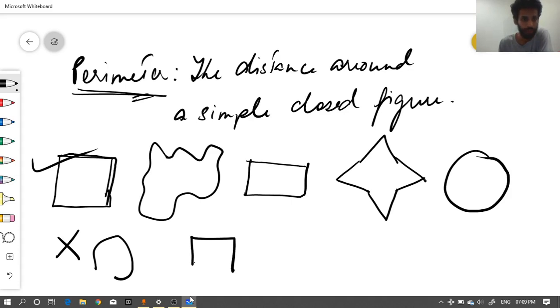Perimeter means what? If the figure is closed, whatever the boundary of that, or the distance around the closed figure, this is the boundary. So the boundary or the distance around the figure is called perimeter.